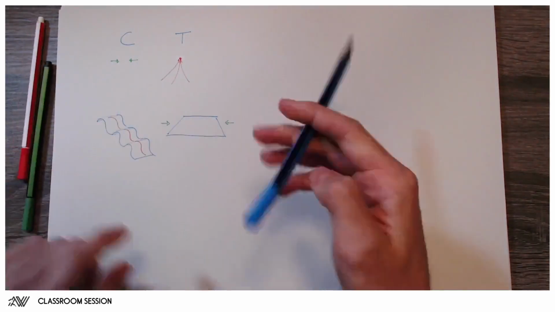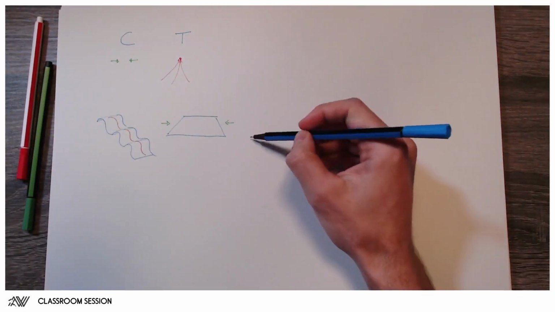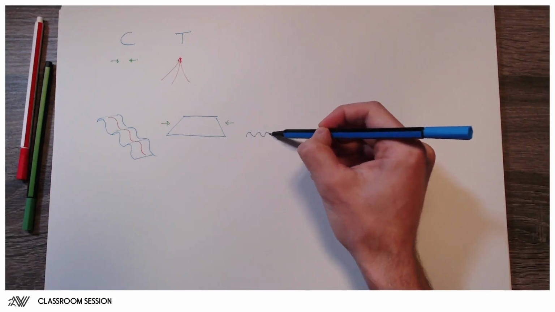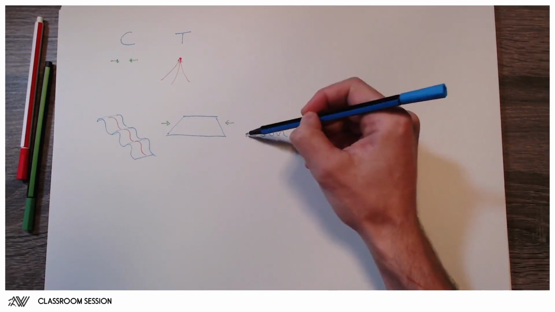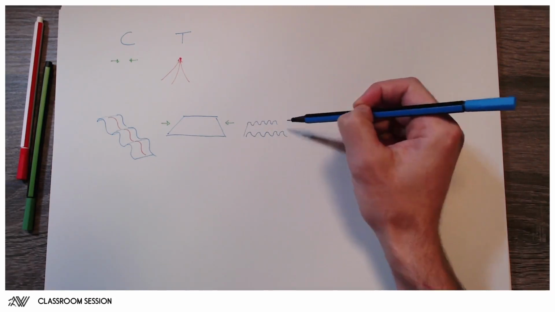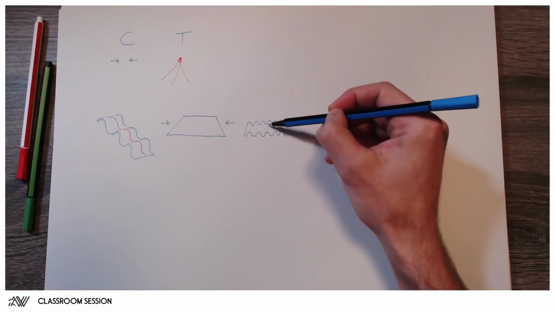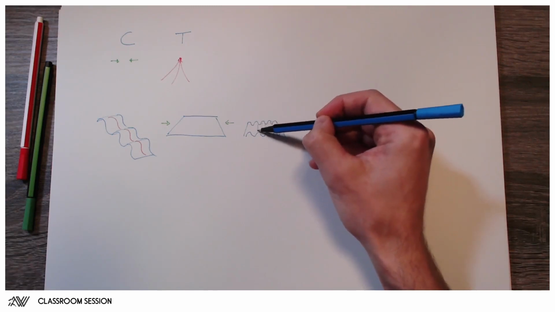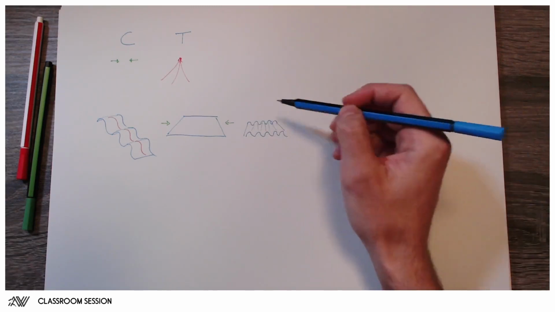And so the resulting shape that would appear is those sine wave curves, like this.